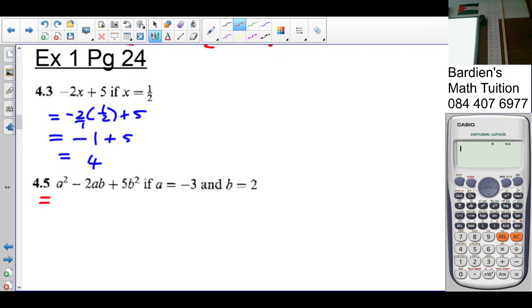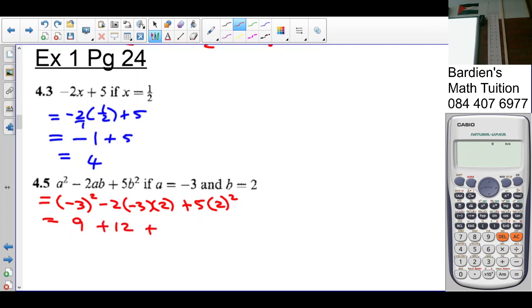4.5 people, wherever we see a, we put a. So it's negative 3 squared minus 2 times negative 3 times 2 plus 5 times 2 squared. So what do we do now? Simplify. Negative 3 squared is positive 9. So negative 2 times negative 3 is positive 6 times 2 is positive 12.